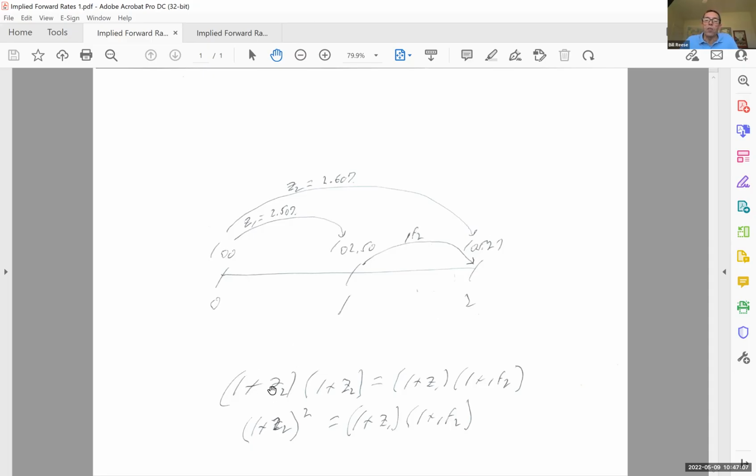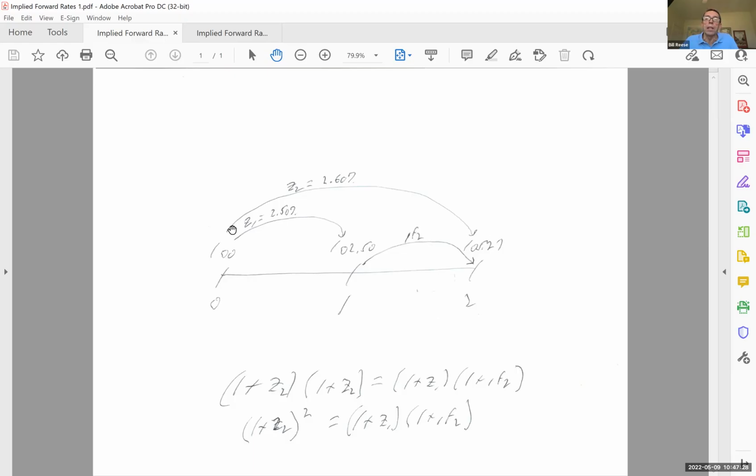So again, 1 plus Z2 times 1 plus Z2. Z2 for us was 5.2%. So this is 1 plus 5.2% times 1 plus 5.2%. That has to be equal to 1 plus Z1 times 1 plus 1F2.